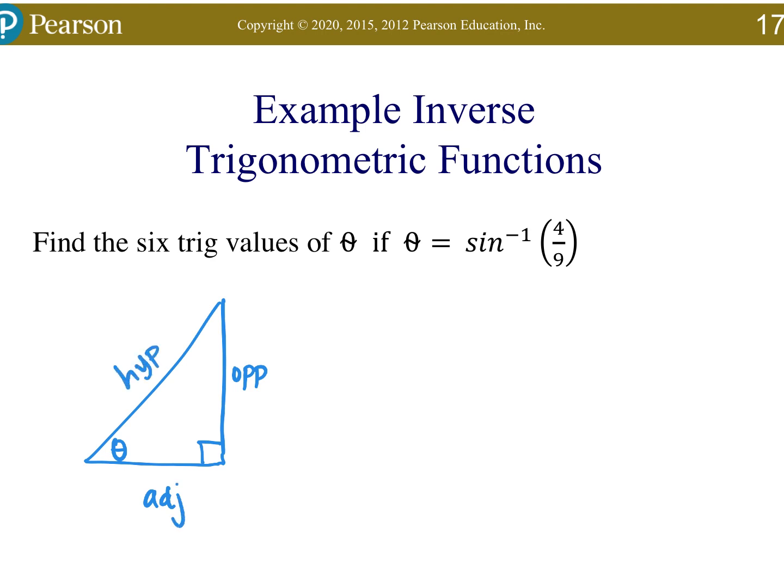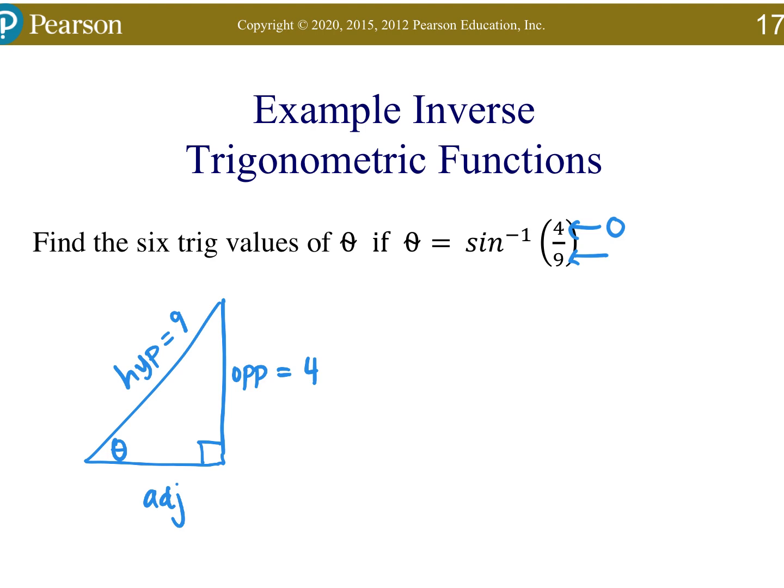If we are working with the fraction 4 over 9, which is part of the sine value, sine is SOH, S-O-H. And so this is O, which stands for opposite. This is H, which stands for hypotenuse. So my opposite right now is 4. My hypotenuse is 9. So what kind of formula can help me figure out the rest?